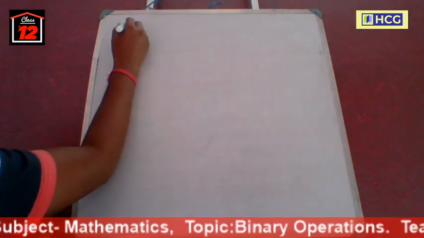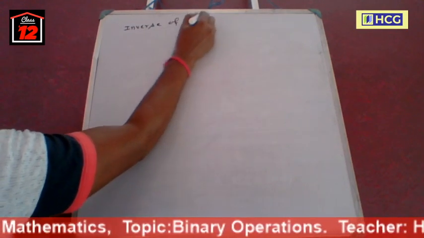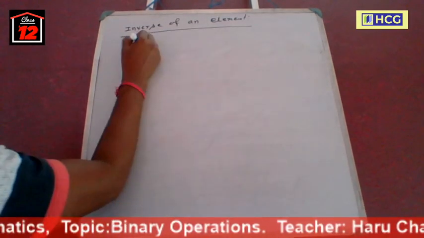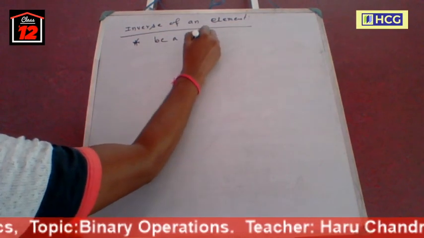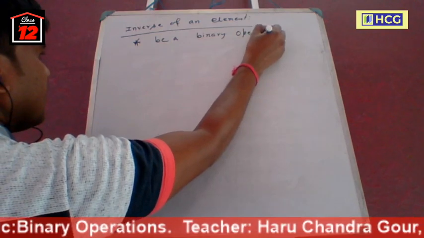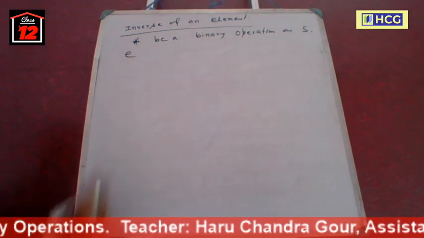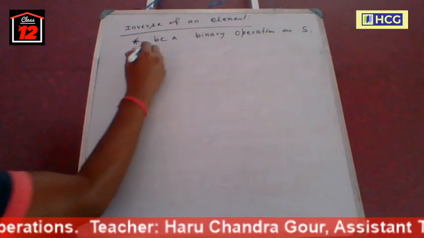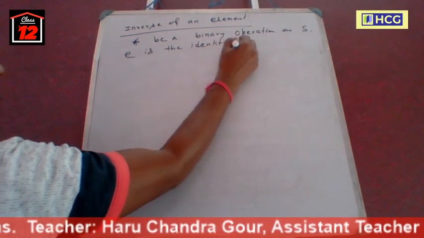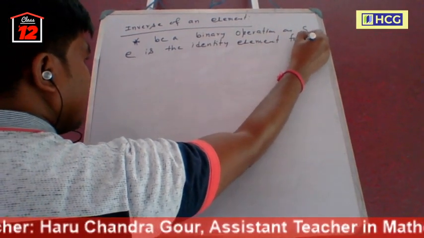Next, define the inverse of an element. Let star be a binary operation on a non-empty set S, and E is the identity element for the binary operation star.